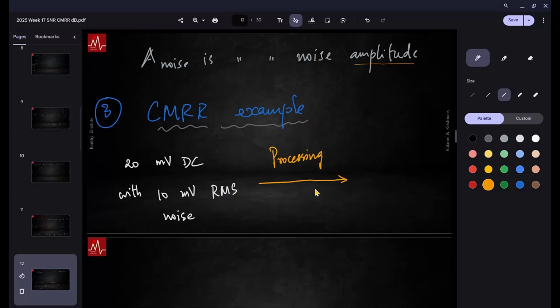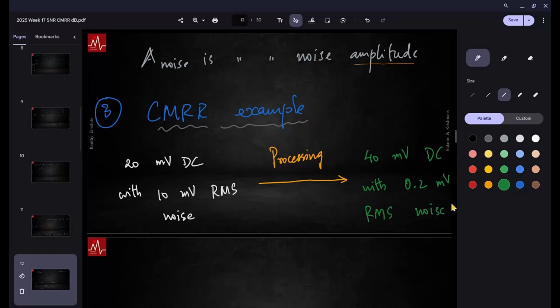So the processing, what happens is that becomes 40 millivolt DC with 0.2 millivolt RMS noise.